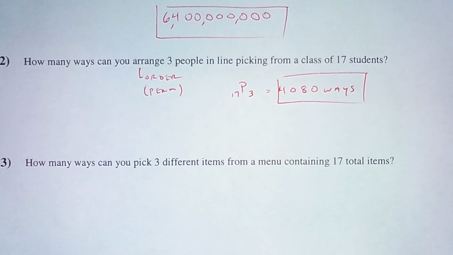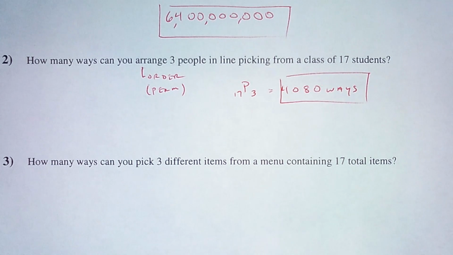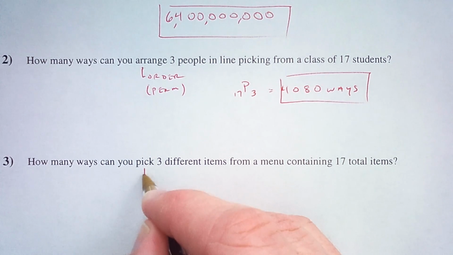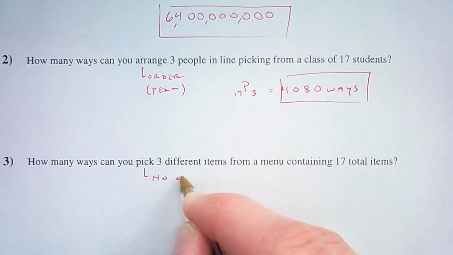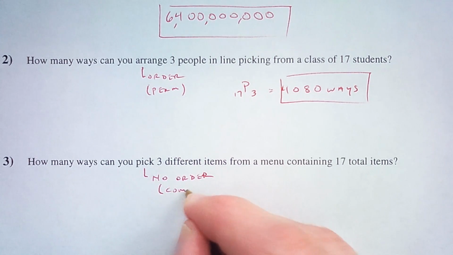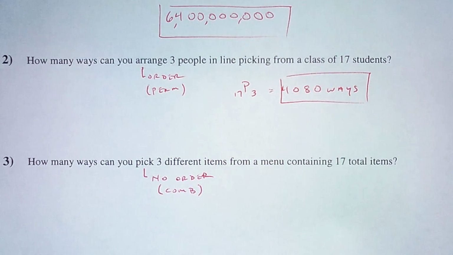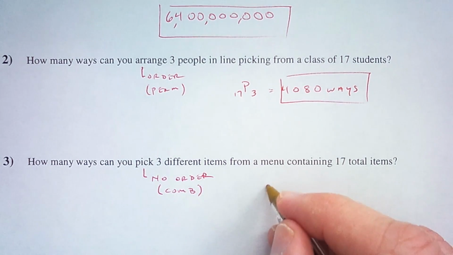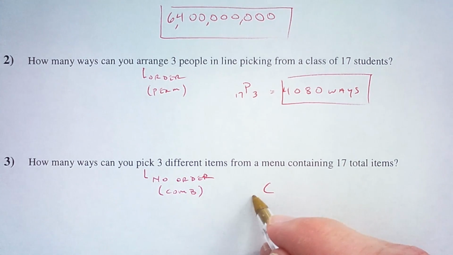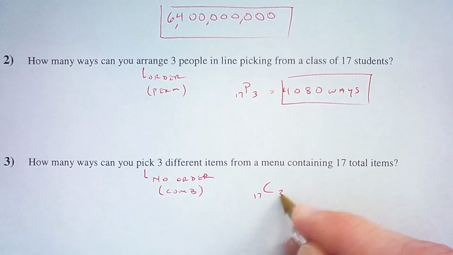Next, how many ways can you pick 3 different items from a menu containing 17 total items? Okay, pick. That's not arranging, it's not lining up. So there is no order here, which means we are using a combination. Okay, so combination of 17 total items, but only choosing 3.